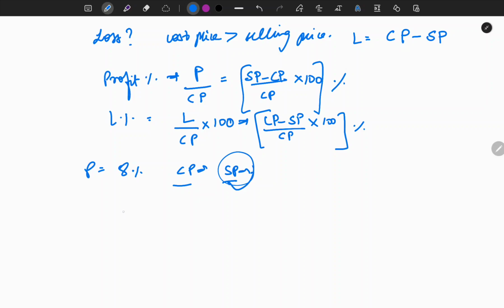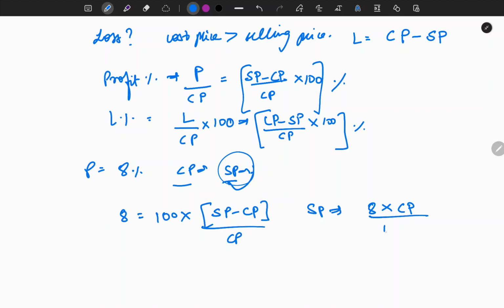So I know that 8 is actually equal to 100 into profit, which is SP minus CP upon CP. So my selling price would now be, just cross multiply these terms, 8 into CP upon 100.